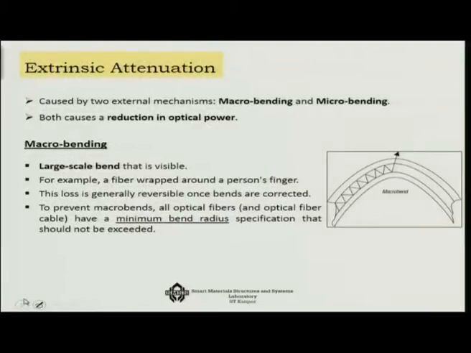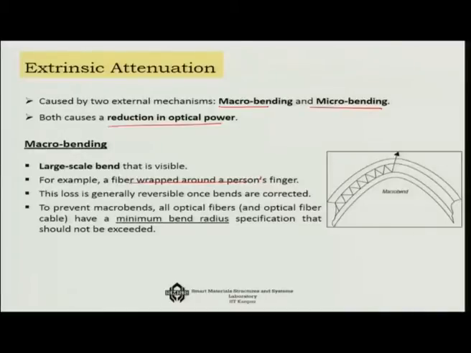Now, what happens in extrinsic attenuation? There are two external mechanisms of extrinsic attenuation. One is called macro bending and another is called micro bending. Both of them cause a reduction in optical power. In the case of macro bending, these are large scale bends, visible type, for example, a fiber wrapped around a particular area.